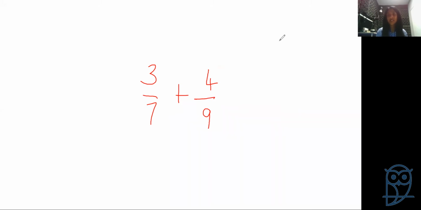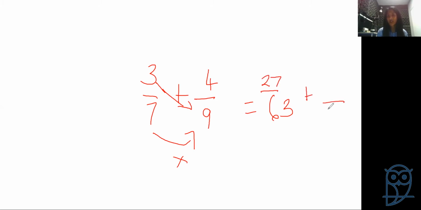Okay, so firstly, the denominators are not the same, and I need to get my denominator to be the same. So what will I do first? First, I multiply 7 times 9, and 7 times 9 is 63. Then I say 3 times 9, and 3 times 9 is 27. Then I say, well, we've got our denominator.